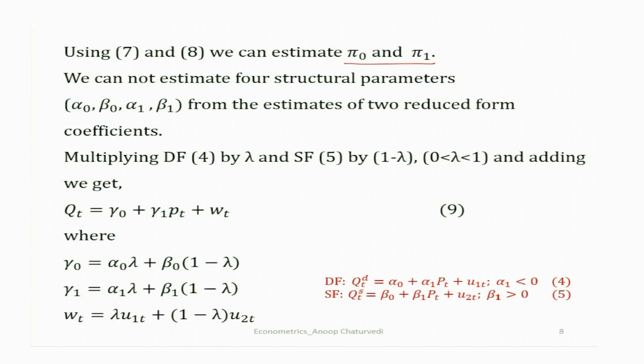In fact, we have just two reduced form parameters, but in the original model you have 4 structural parameters: alpha naught, beta naught, alpha 1, beta 1.